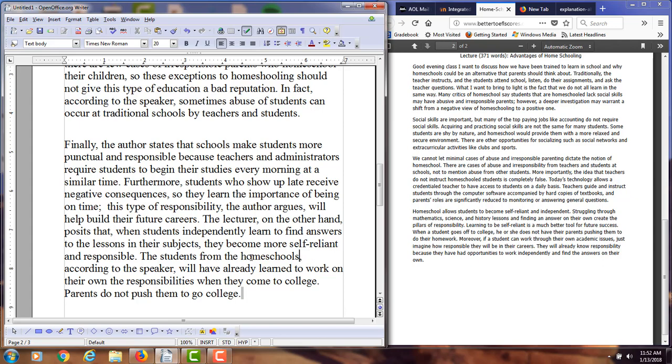So the students from the home schools, according to the speaker, will have already learned to work on their own. Then you can probably say this: when they attend college.